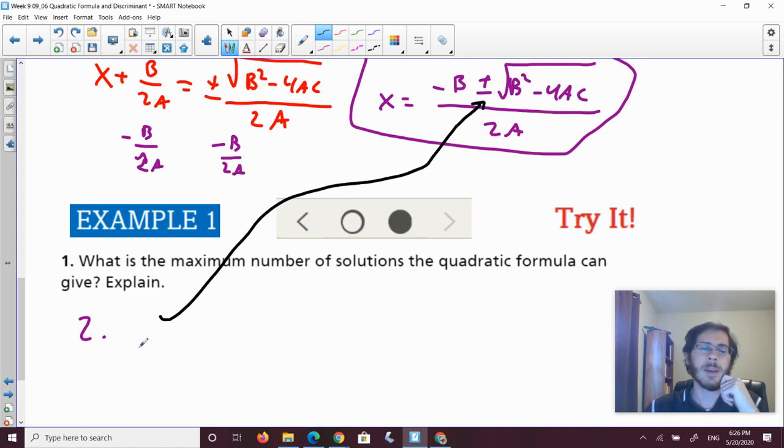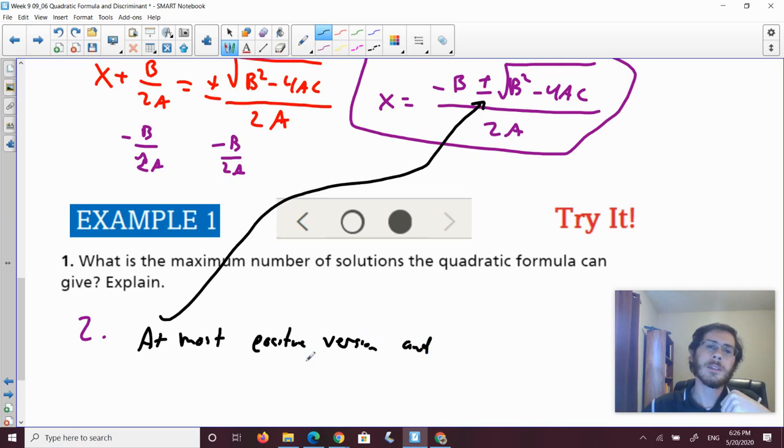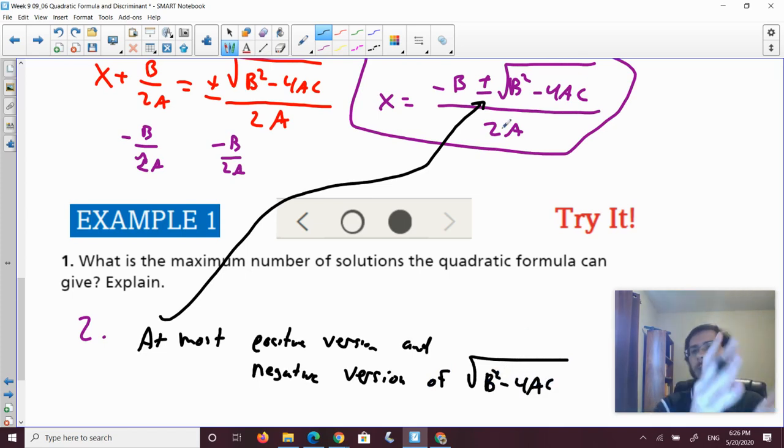So we can see at most, we would have the positive version and the negative version of the square root of b squared minus 4ac. So at most, we can have 2 solutions there.